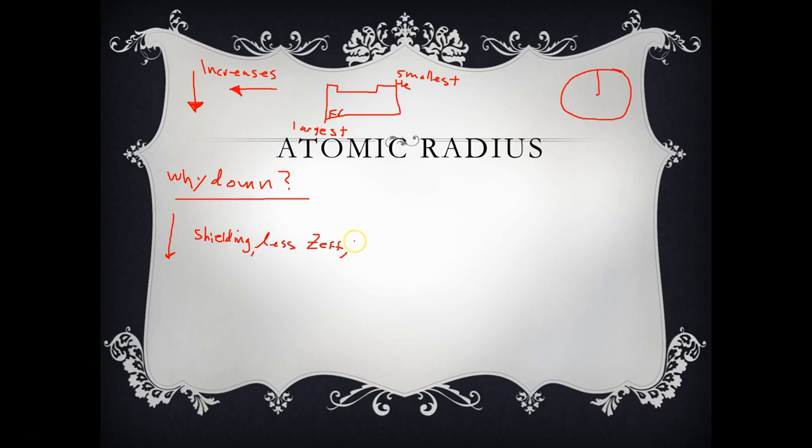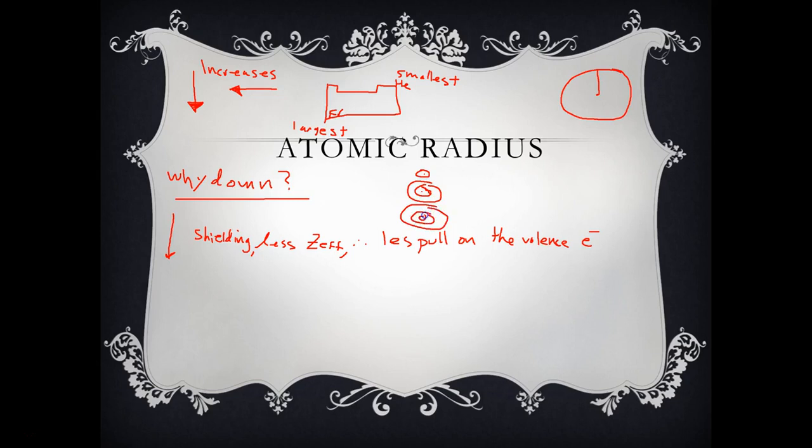Therefore, we get less pull on the valence electrons. As you move down, you have more and more shells obstructing the nucleus and that outermost electron.